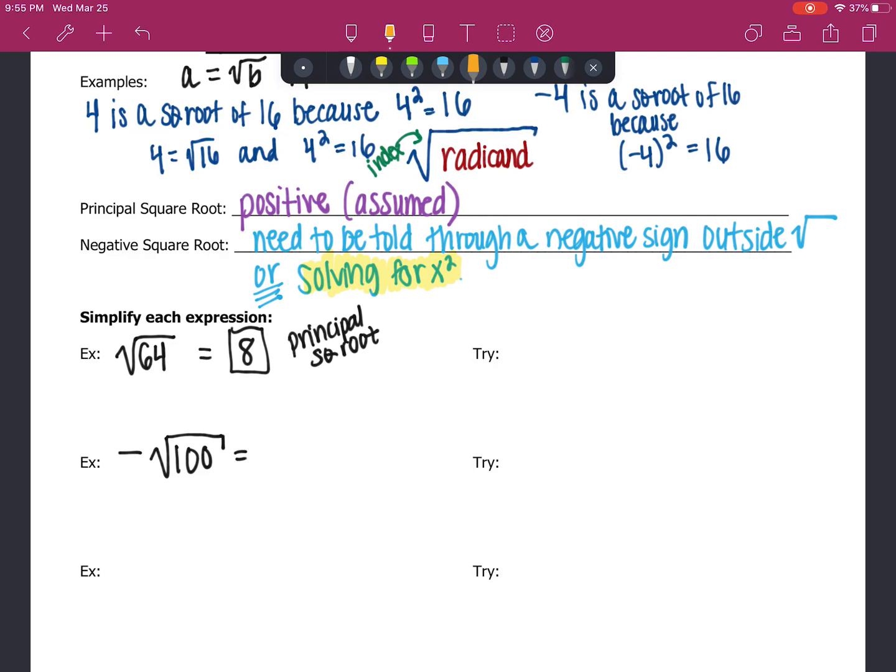Well, we know that the square root of 100 is 10. And then we tell our reader we want the negative value by putting that negative on the outside of the radical, so that we know our answer is -10. So I'm going to box that, and say the negative was on the outside of the radical.